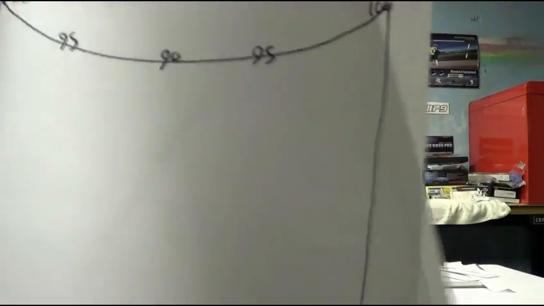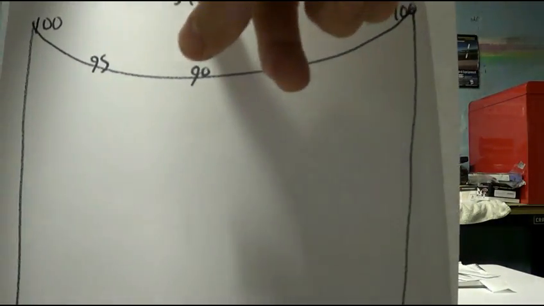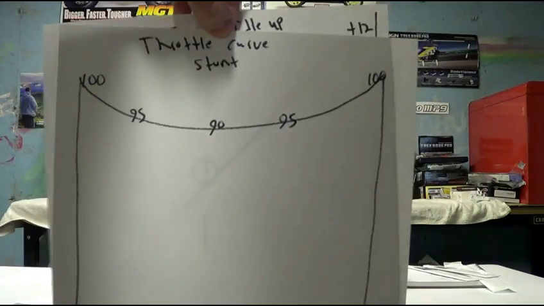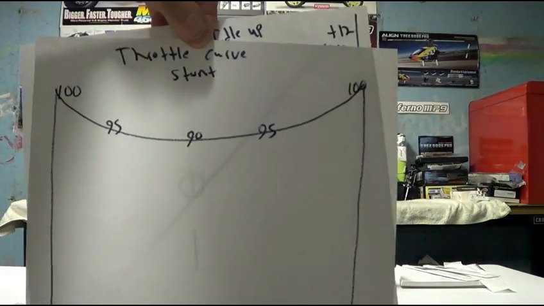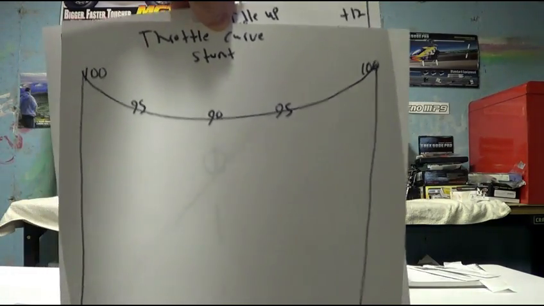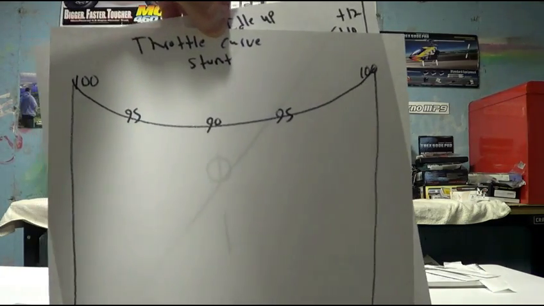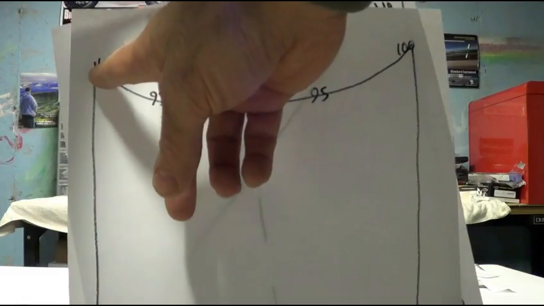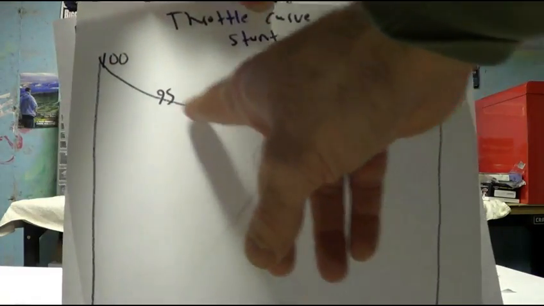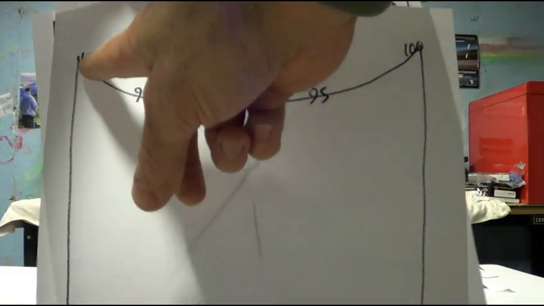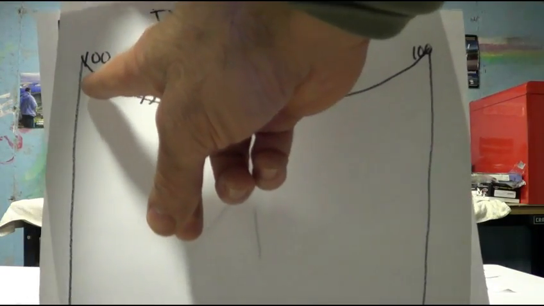Your throttle curves have to be set in the stunt section to match what you're doing with that. This is what my throttle curves in the stunt idle up mode look like. This would be, once you activate that switch, guys, now you have 100% power at low stick.